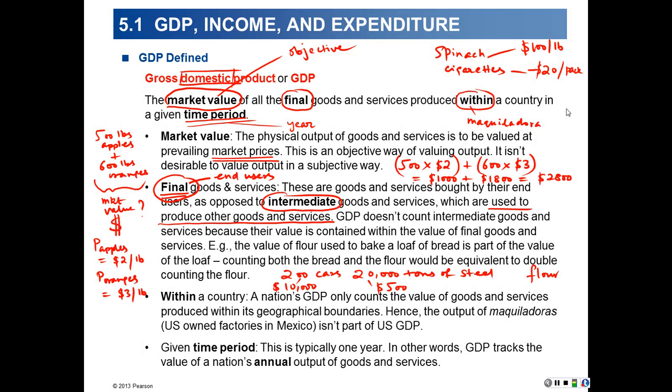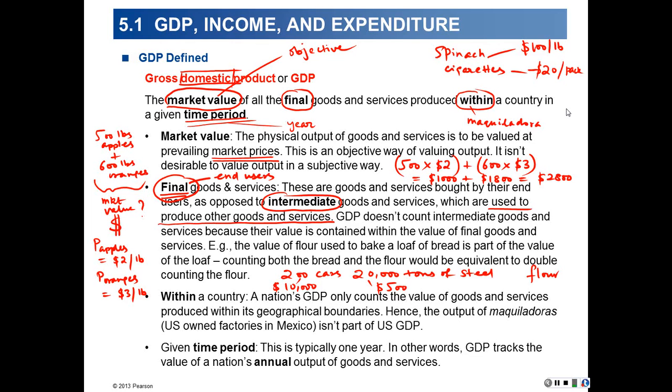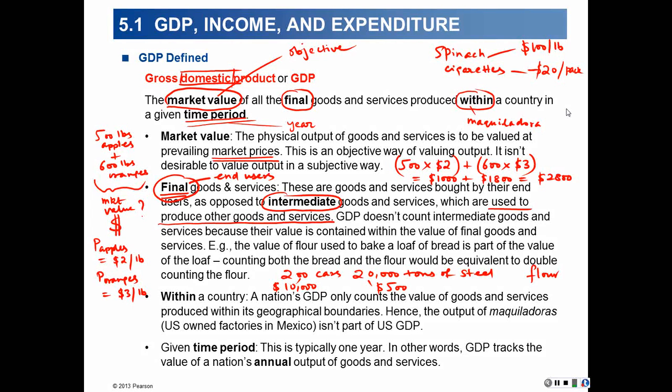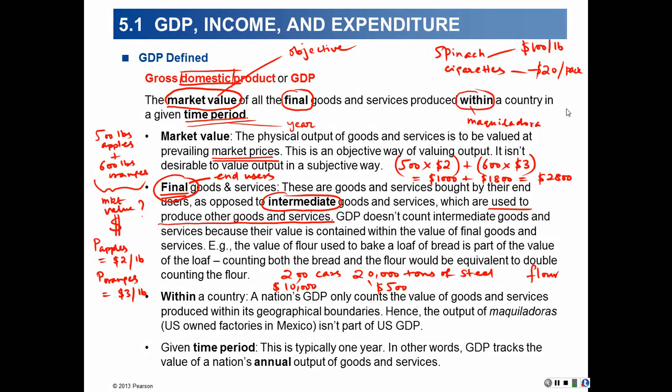So market value of all final goods and services produced within a country. And then finally, we need a time period, because production, as you know, is a flow. A flow meaning you have to have time involved, otherwise the production figures would make no sense.